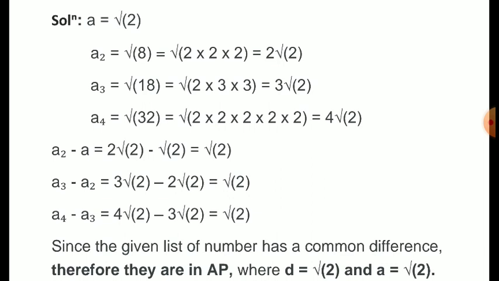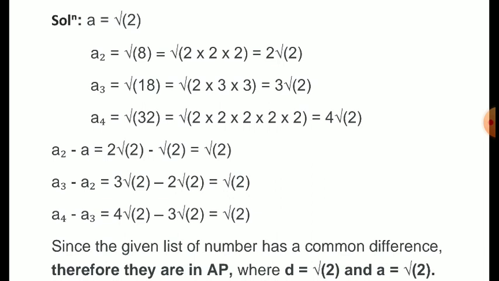If you see the given numbers, all the numbers are in purely radical form. I think all of you know about the purely radical form. If any number bears the radical sign, square root, cube root, fourth root, then you call it a radical number. They are purely radical because no number is outside, all numbers are inside the radical sign.